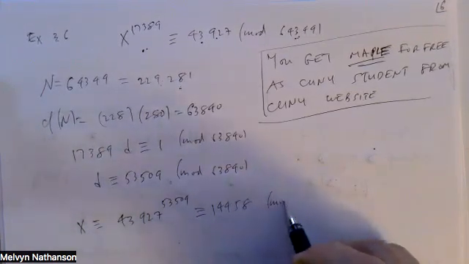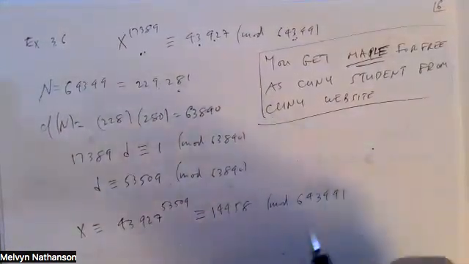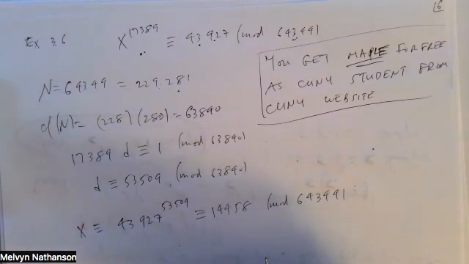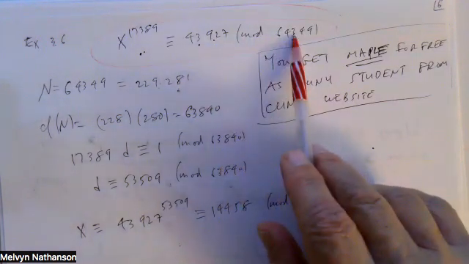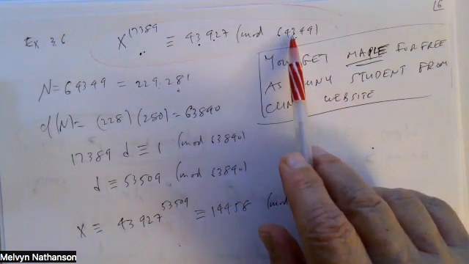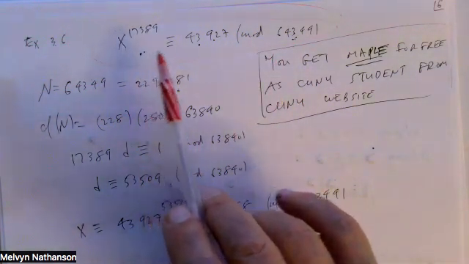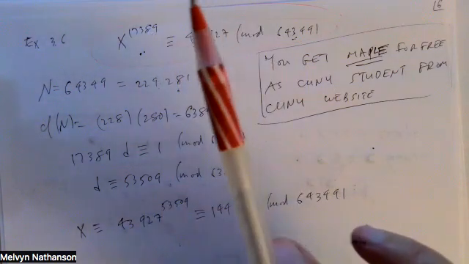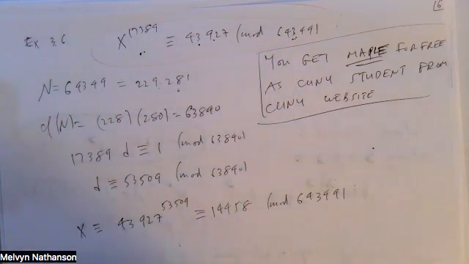This is 14,458 modulo 64,349. So this is the congruence we want to solve. This number to this power congruent to this, mod this. And this number, my E, is relatively prime to N, P times Q. And the solution is this.